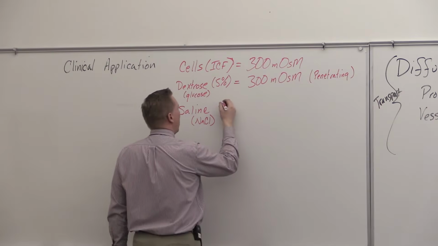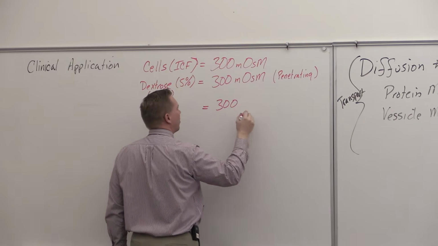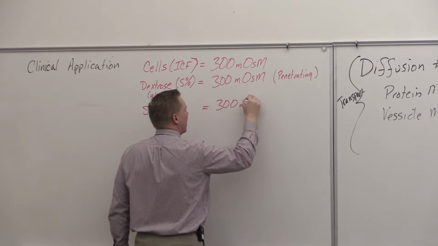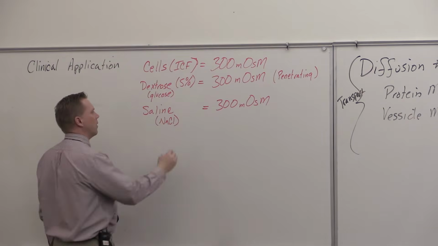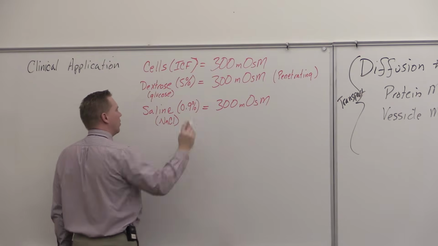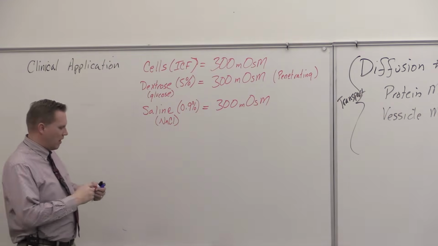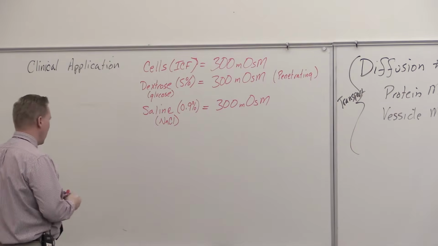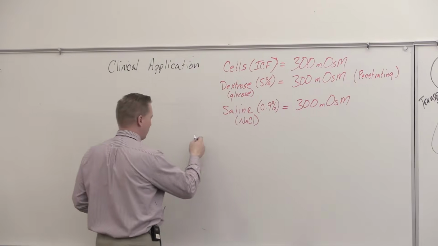And as we saw with glucose, we can also prepare a concentration of saline that is equal to 300 milliosmolar. That's going to be a 0.9% saline solution. So, with that information, we are ready to tackle our first problem.